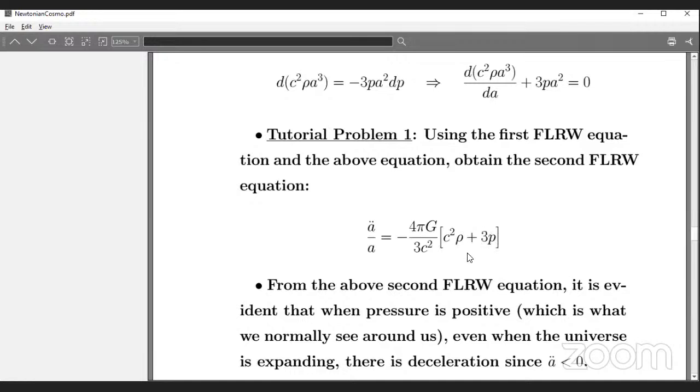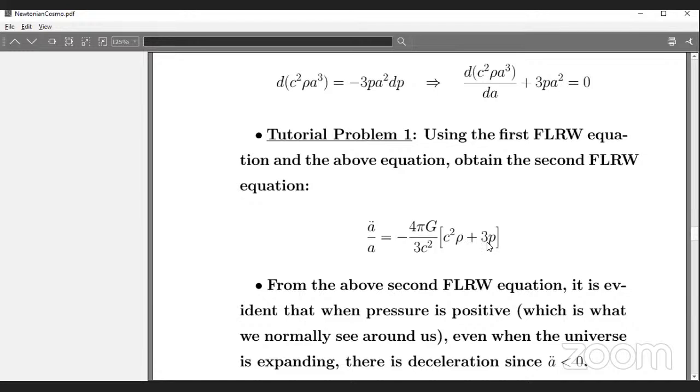We know pressure is positive, so c square rho plus 3p is always positive. And because of the negative sign here, minus 4 pi G by 3c square, it tells me that the second derivative of the scale factor is always negative, provided c square rho plus 3p is positive.